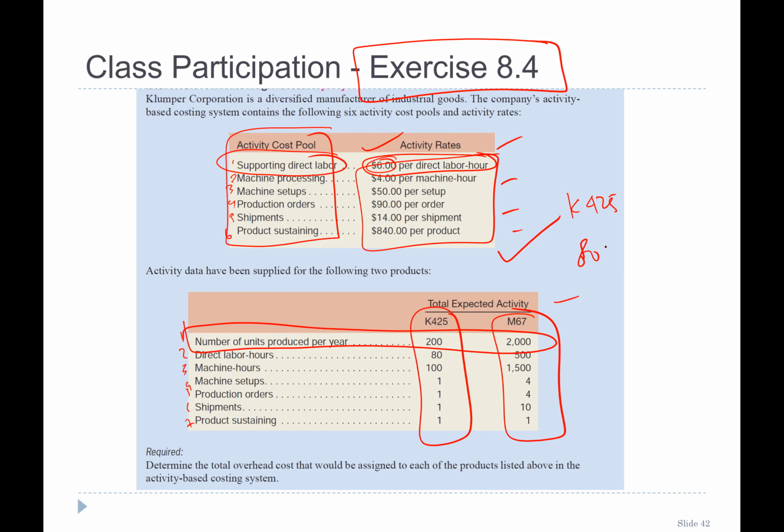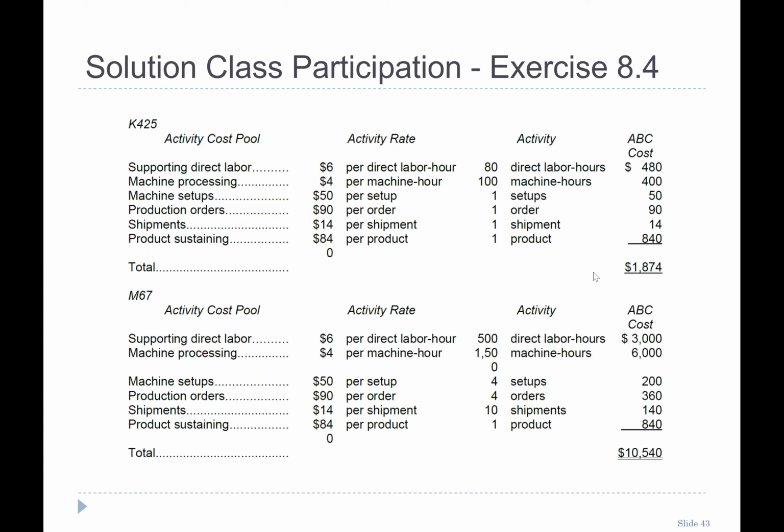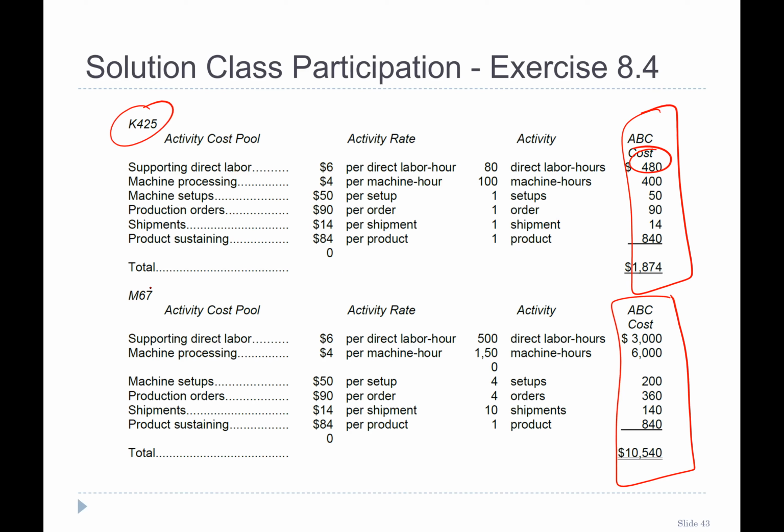The activity rate is 6, right? So here we go, it is 480. I've pasted a solution here, so please compare your answer with the answer here. Now you can say the activity-based costing of the K425 and M67 are like this.